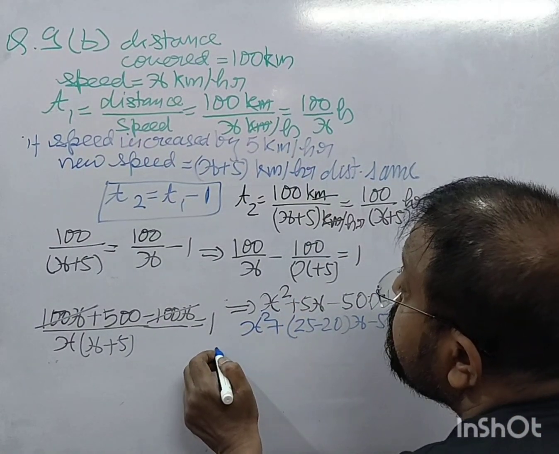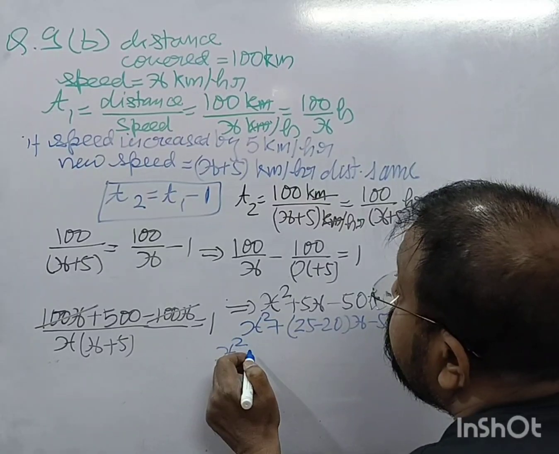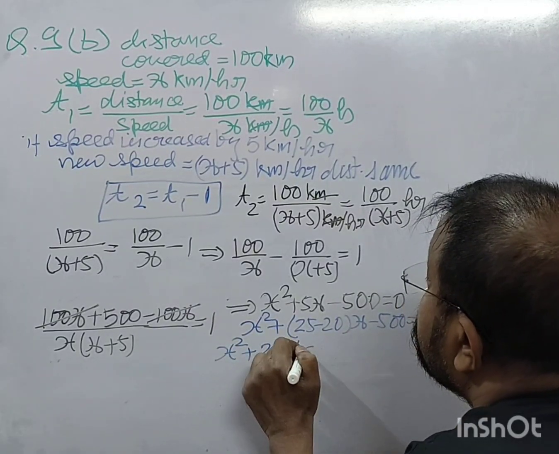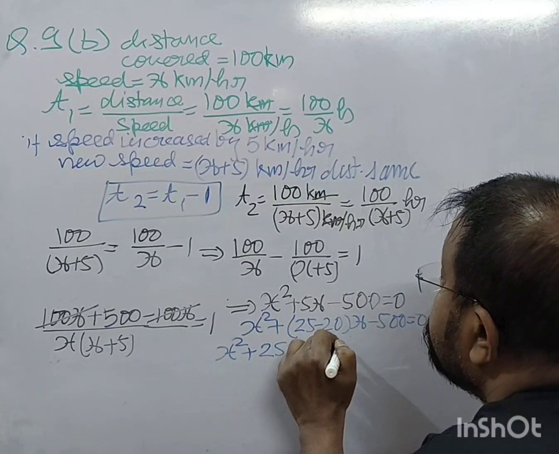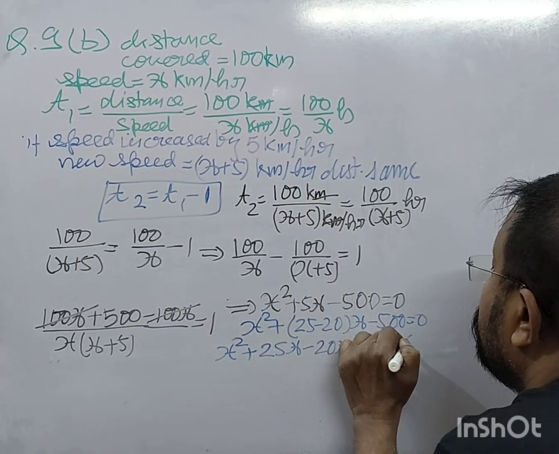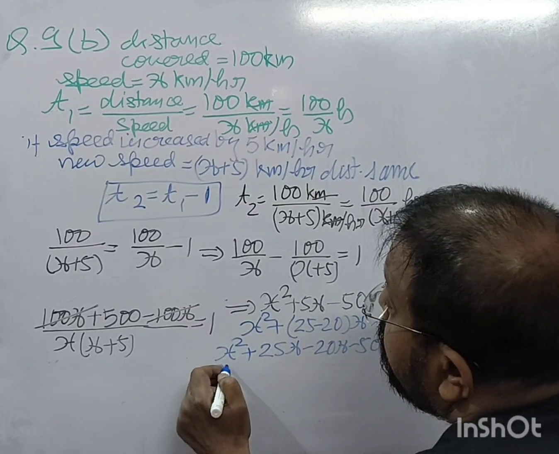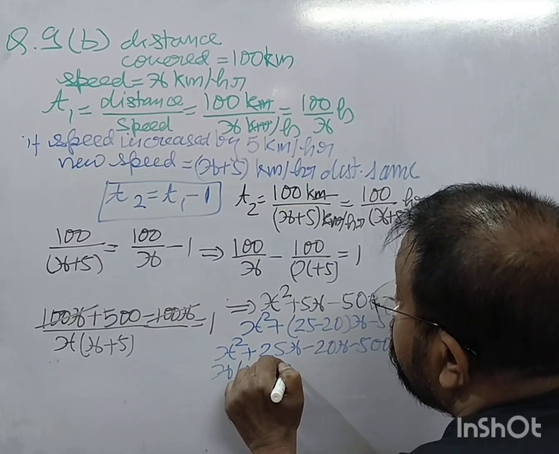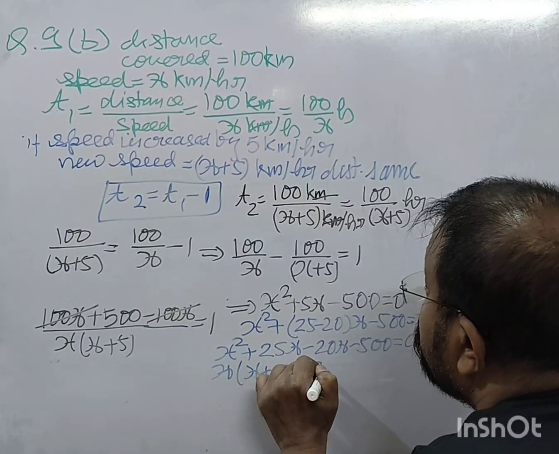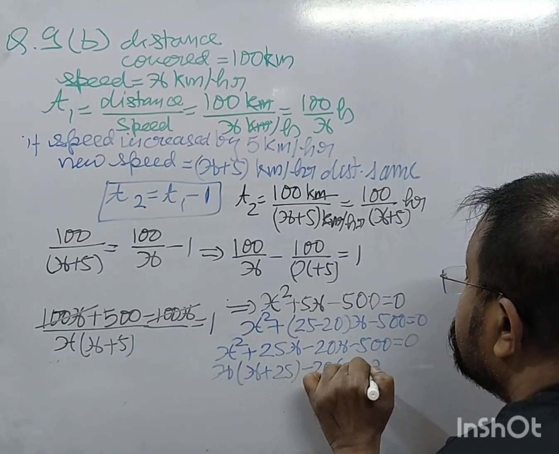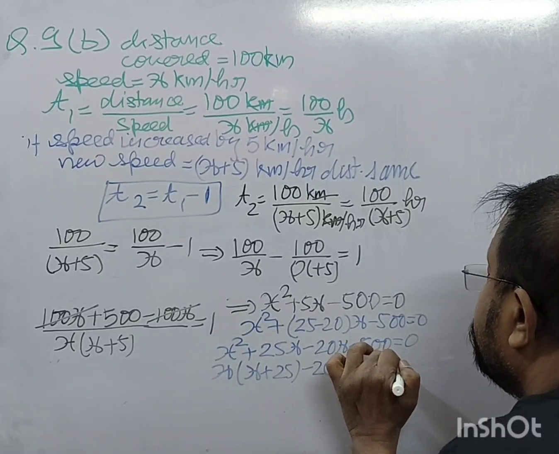So you get x square plus 25x minus 20x minus 500 is equal to 0. Taking x as common, x plus 25, and taking 20 as common, x plus 25 is equal to 0.